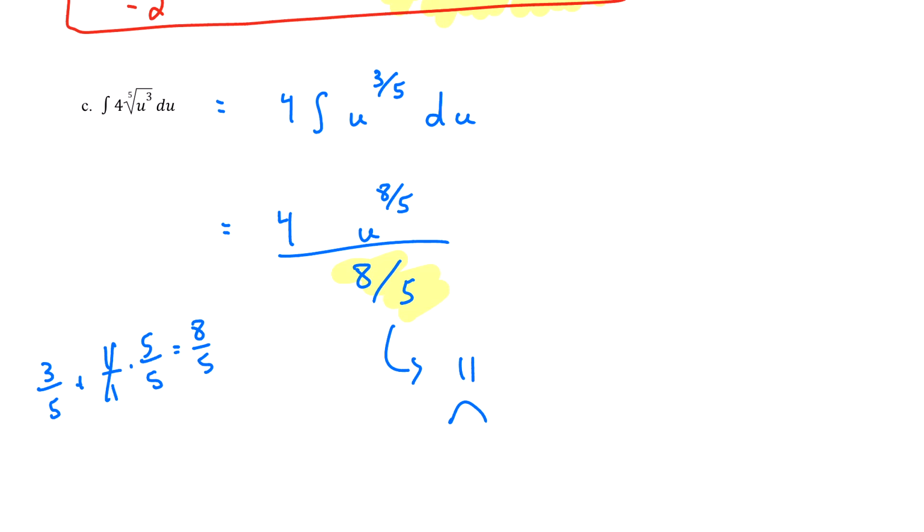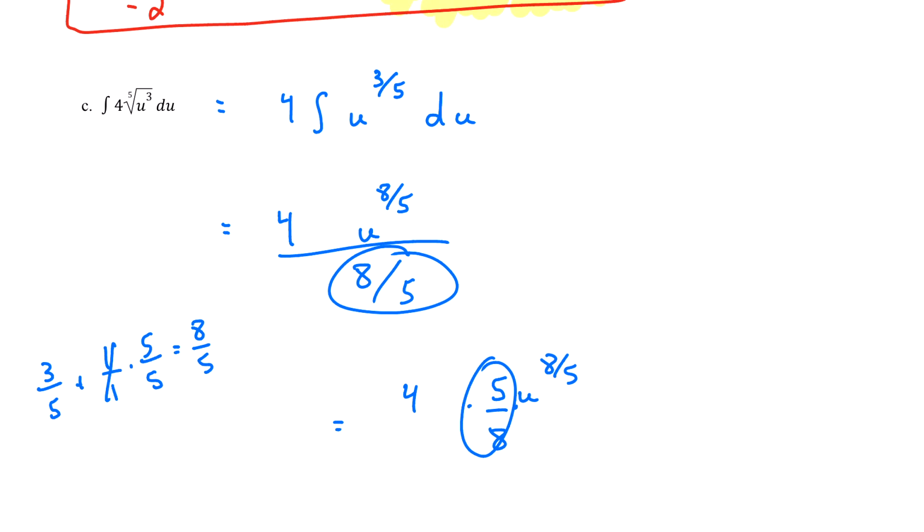Instead of dividing by 8/5, I know that dividing by a fraction is the same thing as multiplying by the reciprocal. So I'm going to write 4 times u to the 8/5 power, multiplied by the reciprocal of 8/5, which is 5/8. I have to remember to add my constant of integration, so plus c.